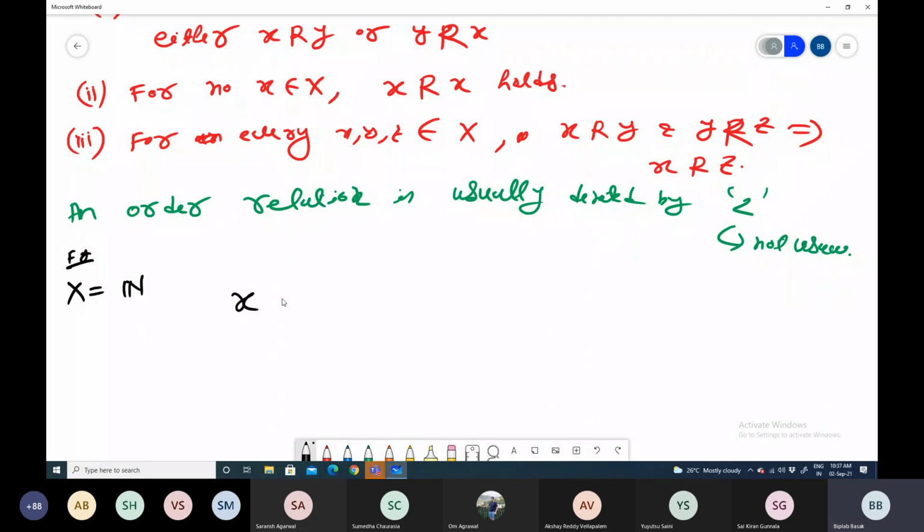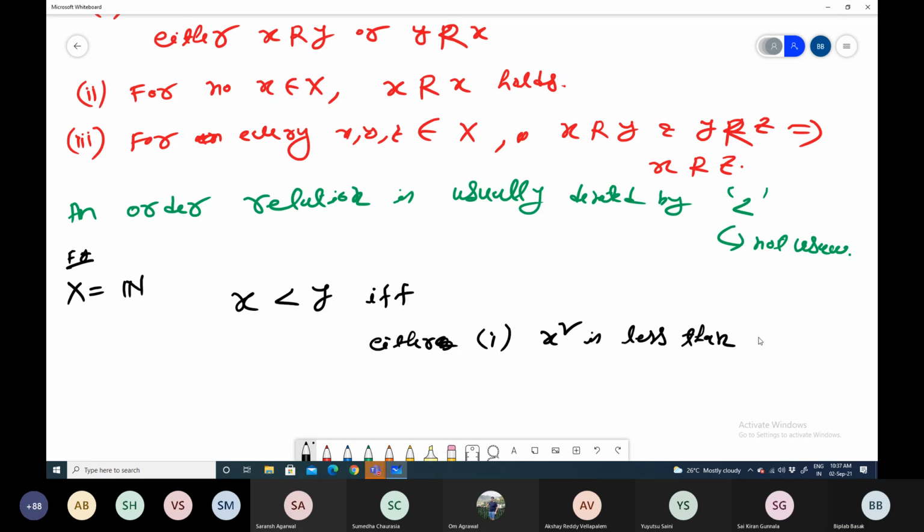And we define x less than y if and only if either x square is less than y square, or x square equal to y square and x is less than y.